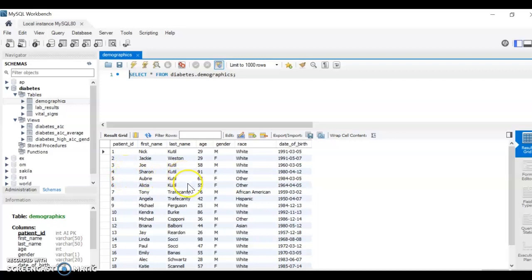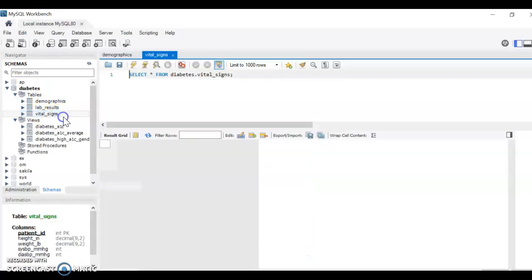No two people will have the same patient ID in the database, and we can collect some demographics information from them, including their first name, last name, their age, gender, race, and also date of birth. And if necessary, we can also collect more demographics information as needed, and we can add columns to this table.